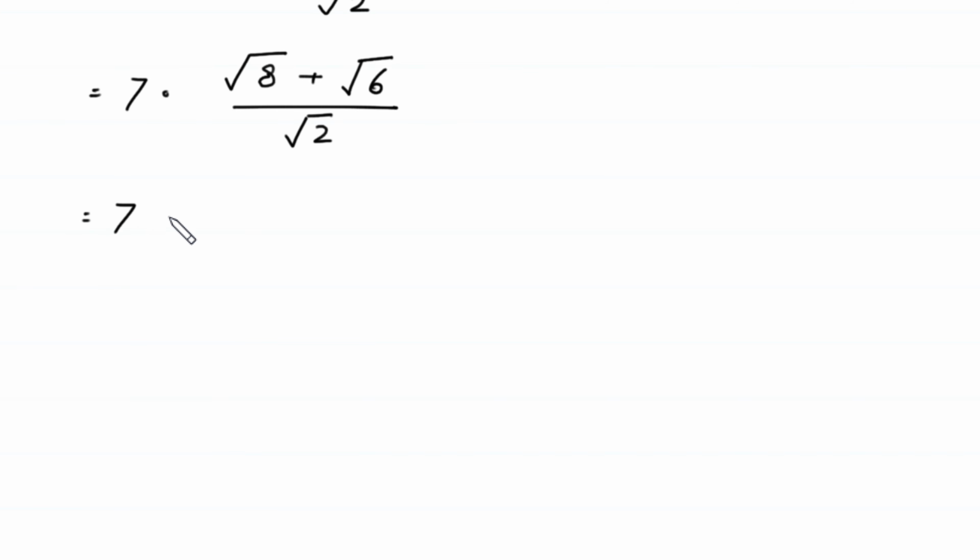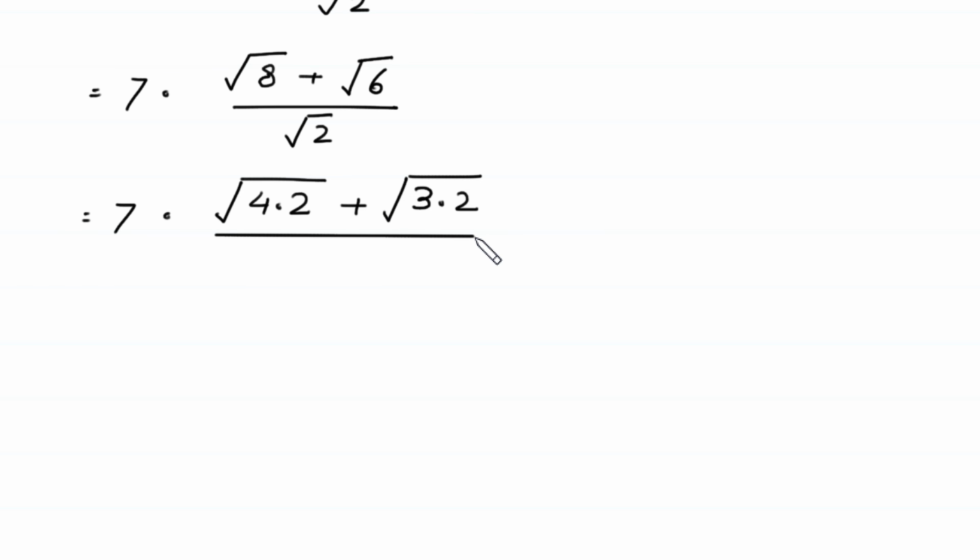Next, 7 times, we can write this square root of 8 as square root of 4 times 2, plus we can write this square root of 6 as square root of 3 times 2, divided by square root of 2.